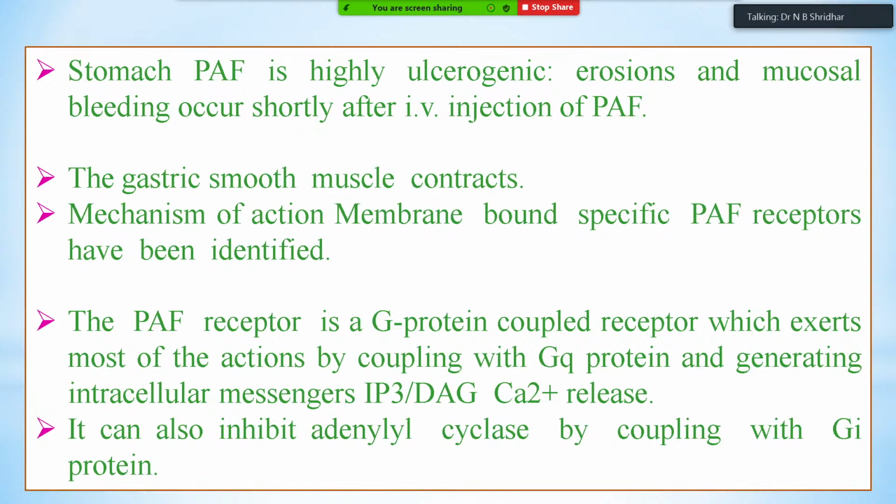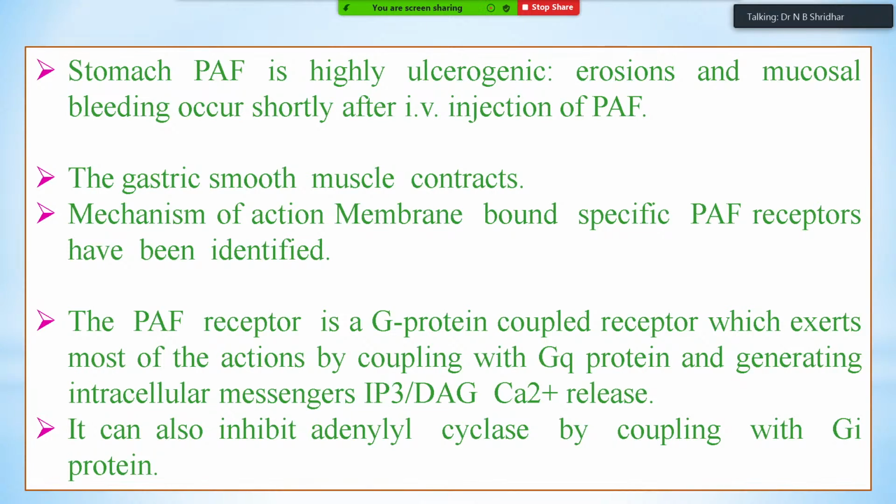The mechanism of action: the membrane-bound specific PAF receptor has now been identified. The PAF receptor is a G protein coupled receptor which exerts most of its effects by coupling with Gq protein and generating intracellular messengers, especially inositol triphosphate, diacylglycerol, and the calcium release pathway.